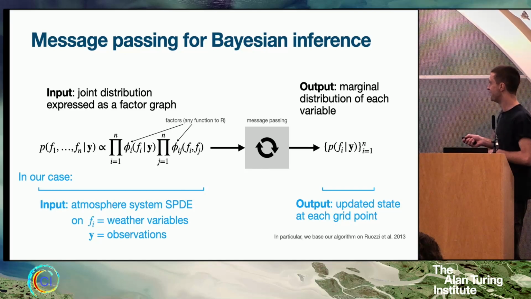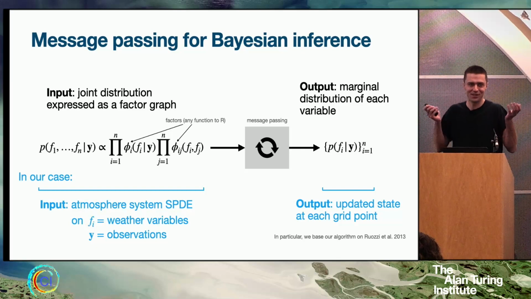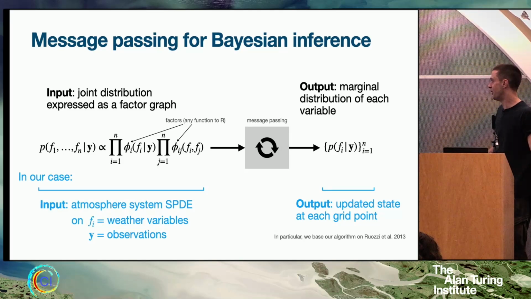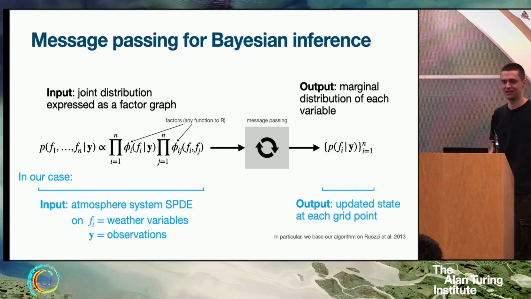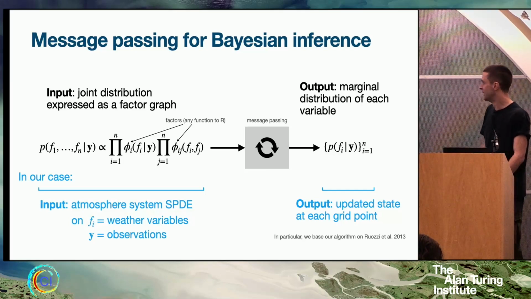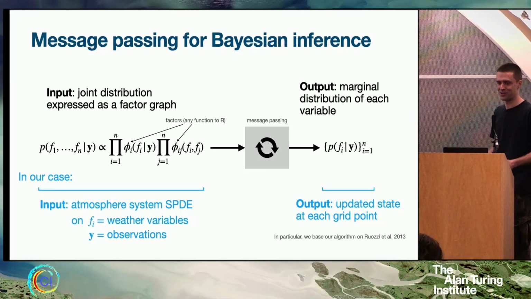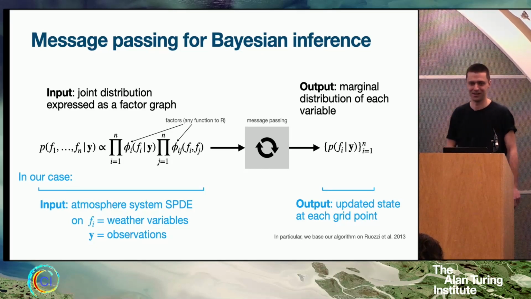You can also see that we're getting a probability distribution out at each weather variable. When we started this, we were hoping this was going to be super cool because not only would we get a mean prediction of the updated state, but we would also get some sort of measure of the uncertainty, not just a predictive mean.